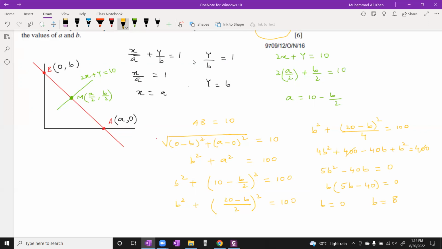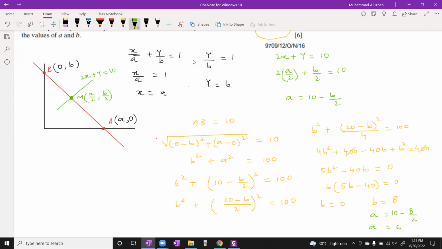b को 8 अगर मैं यहाँ रखता हूँ तो a कितना आ जाएगा? What is the value of a? The value of a will be 10 minus 8 upon 2, and 2 4s are 8, so the value of a is 6.